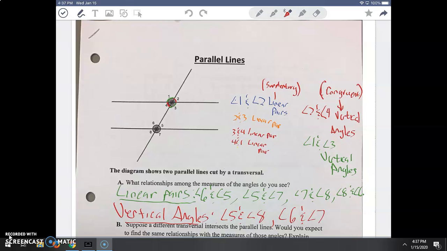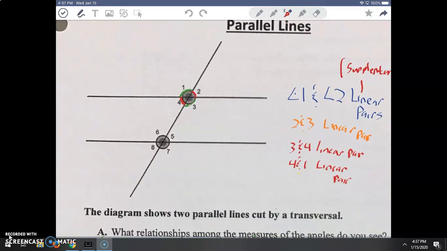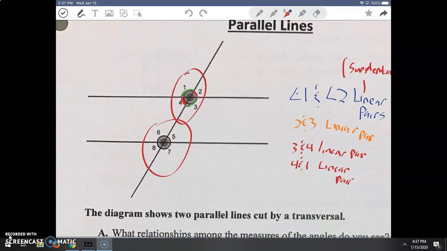Because you have basically the exact same image from both of these two intersections, 5 and 8 are equal because of vertical angles. If you look up, what does 5 represent in the one above? Angle 2 is roughly the exact same thing as angle 5, just at a different location. Angle 4 is roughly the same angle as angle 8, just in the one above it.